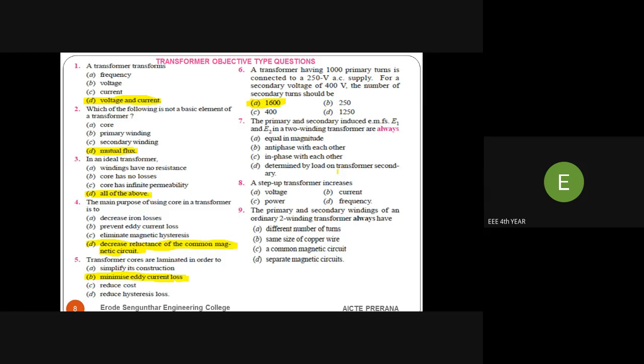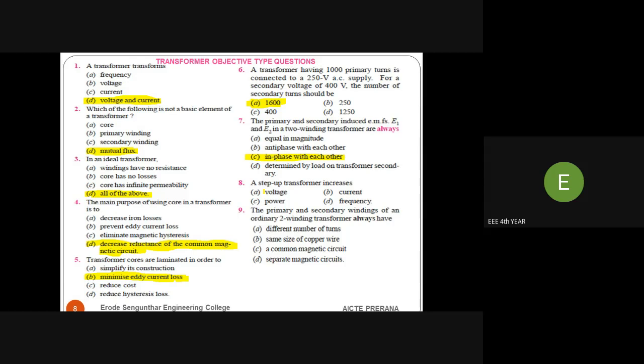The primary and secondary induced EMFs E1 and E2 are always in phase with each other. We already know that by drawing the no-load phasor diagram, E1 and E2 are both in the same vector diagram, always in phase with each other. The EMF equation of E1 equals the EMF equation of E2, so both are in phase with each other.